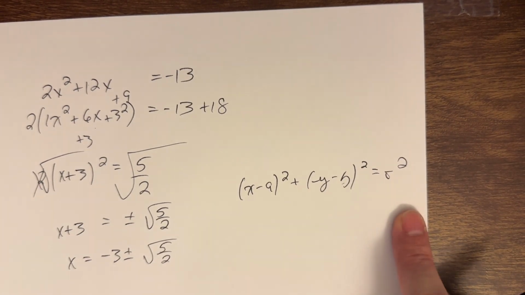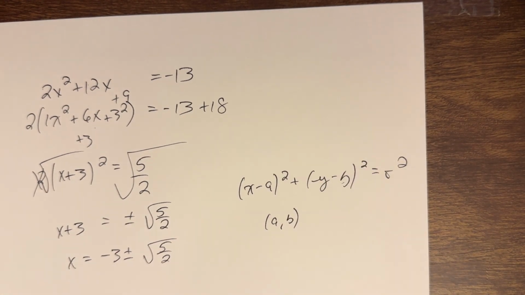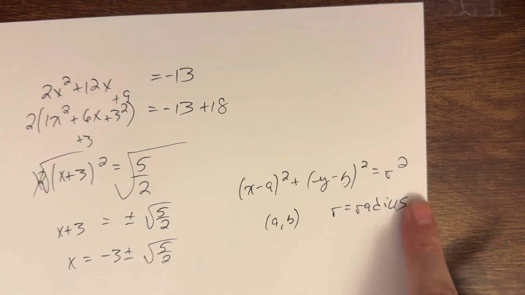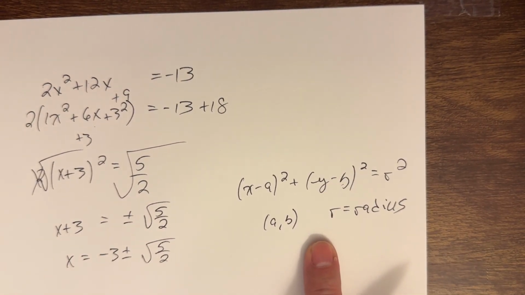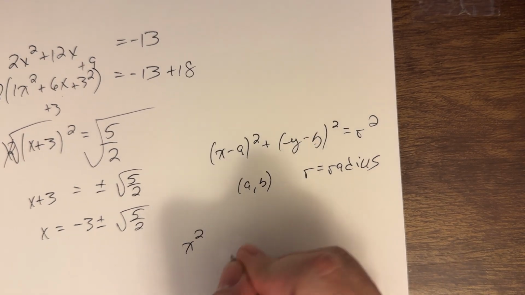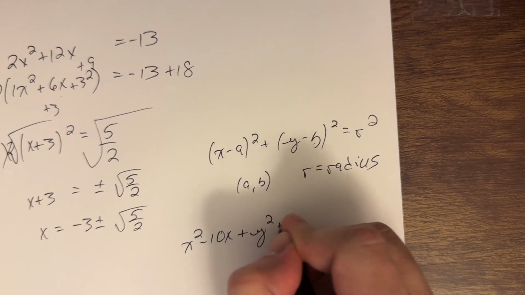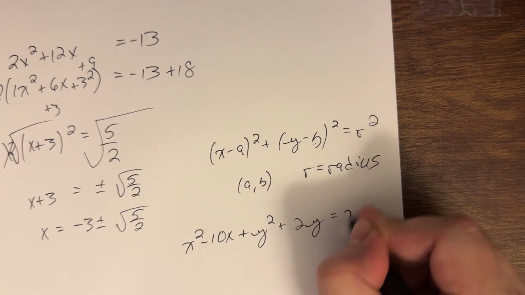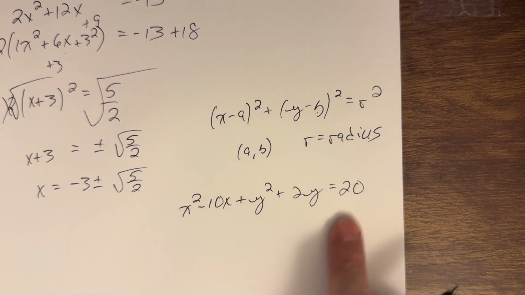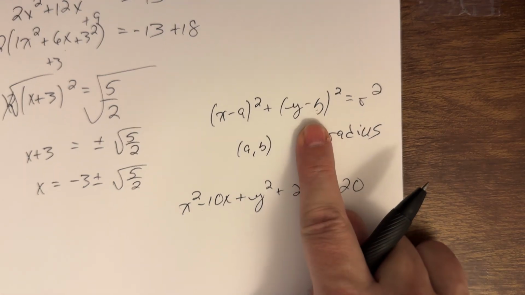This is the standard equation for a circle centered at coordinates (a, b) with radius r. So if you have something like x squared minus 10x plus y squared plus 2y equals 20, if I work hard on it, I could turn this into this form.